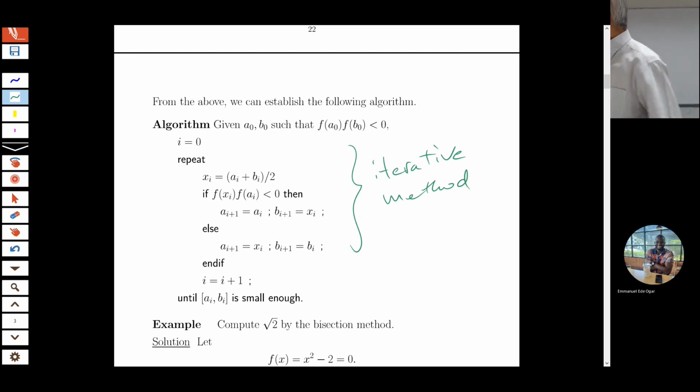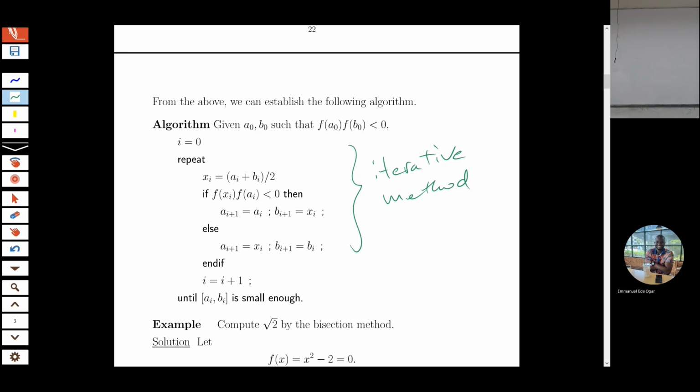We do many iterations. I is an iteration counter or loop counter, whatever.